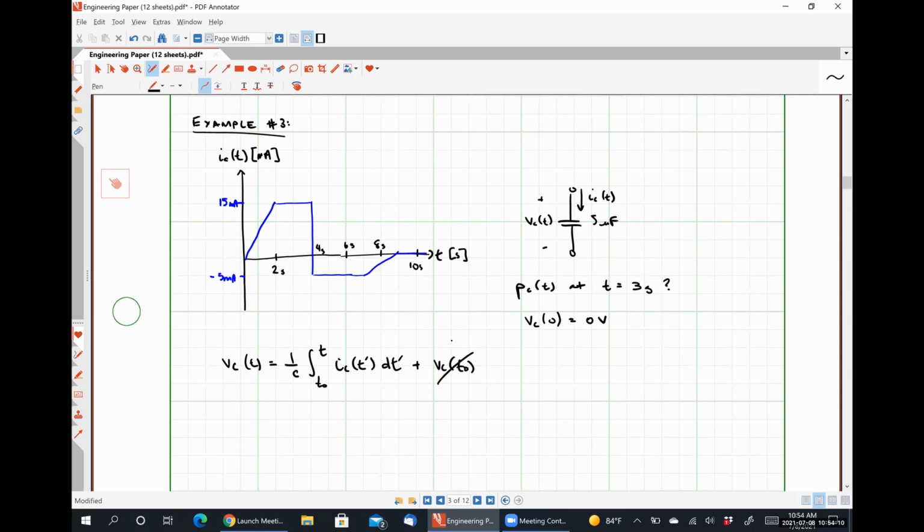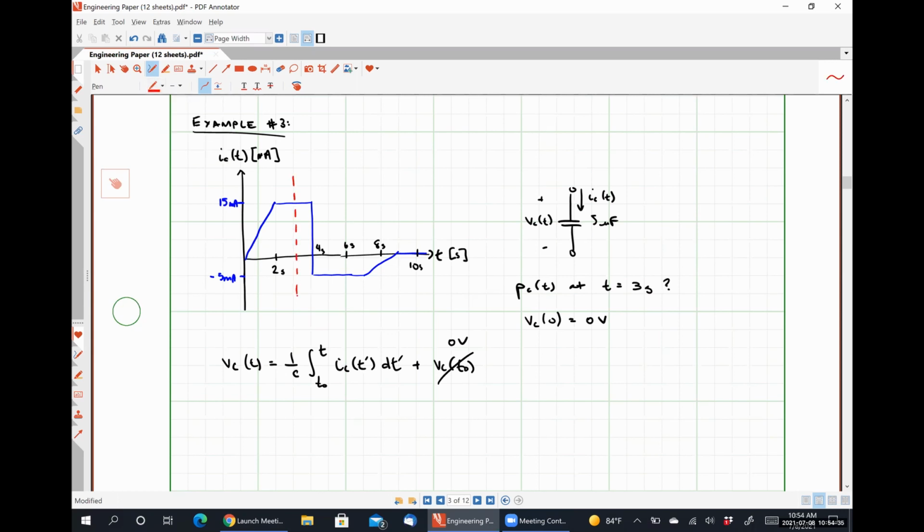We're told that this is 0 volts, so we can effectively throw that away. So we need to integrate this graph. What does that mean? I should just be able to find the area under the curve up to 3 seconds. Exactly right.